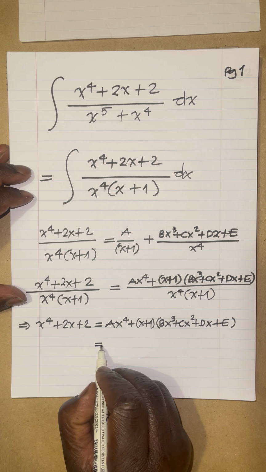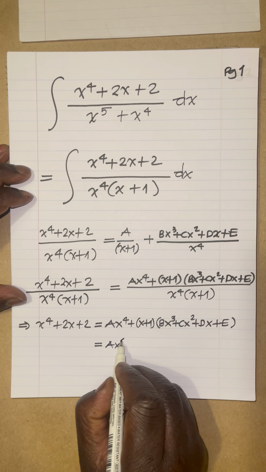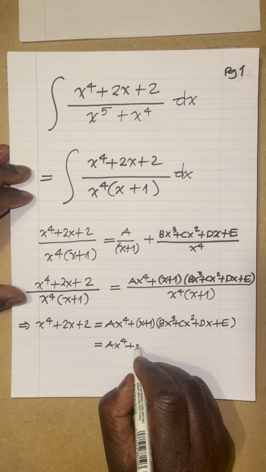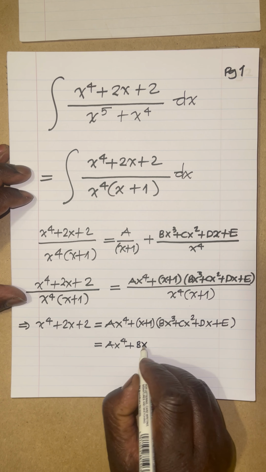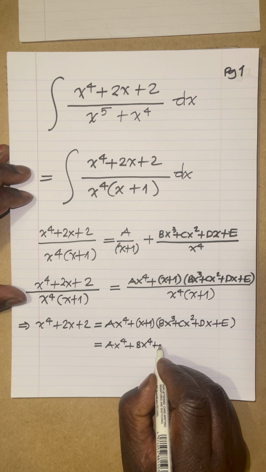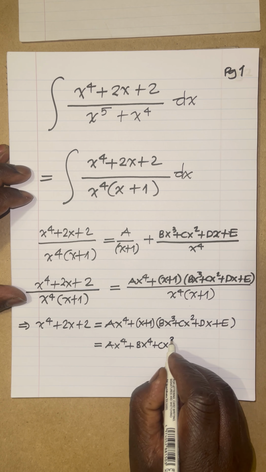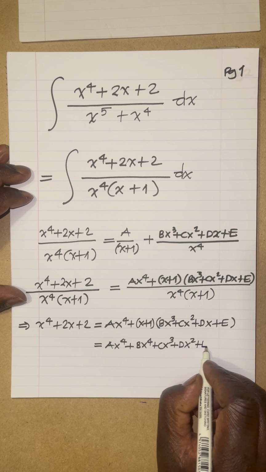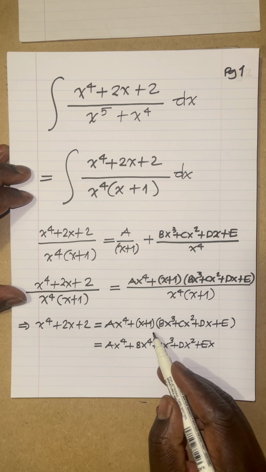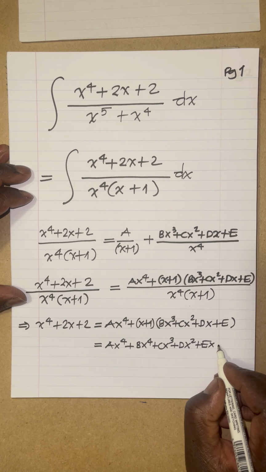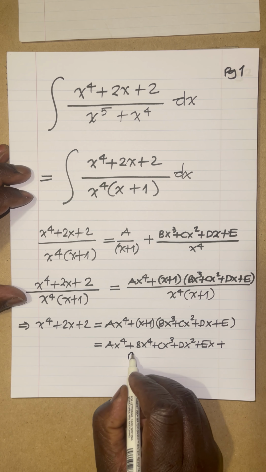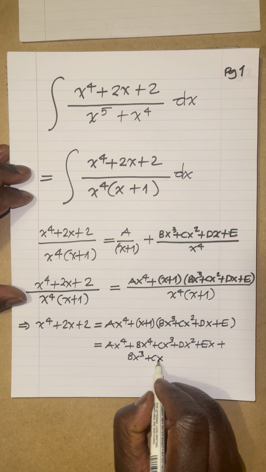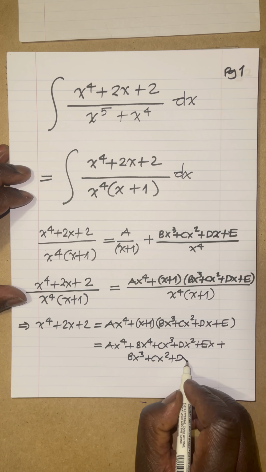This is going to be equal to Ax^4 plus, multiply x by this, it will be Bx^4 + Cx^3 + Dx^2 + Ex. Then multiply 1 by the whole of that expression. It will be the same expression: Bx^3 + Cx^2 + Dx + E.